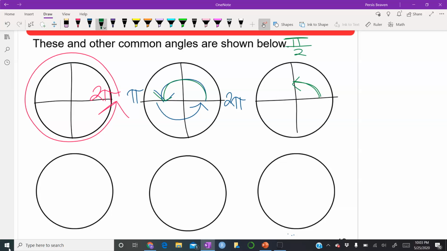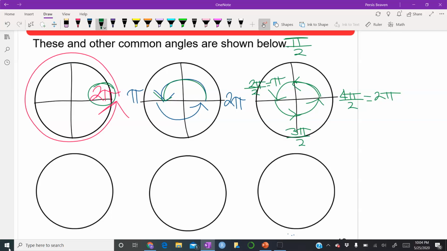And if we continue in that same direction, this will be 2 pi over 2, which is equal to pi. And if we continue, this will be 3 pi over 2. We leave it like that. There's no way for us to simplify it. And if we go one more time, that will give us 4 pi over 2, which is equal to 2 pi. But we already know that a full rotation or a full revolution is equal to 2 pi.